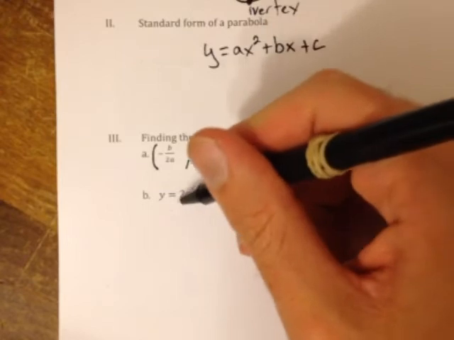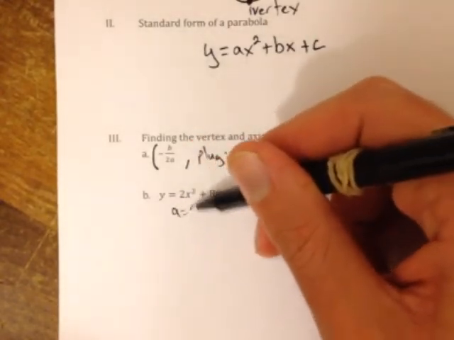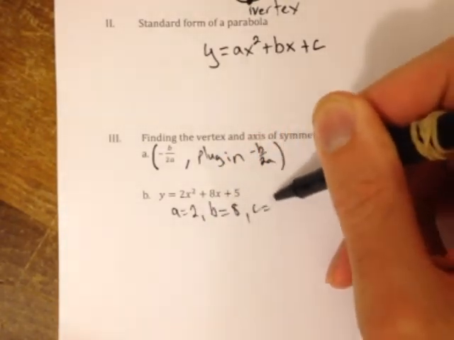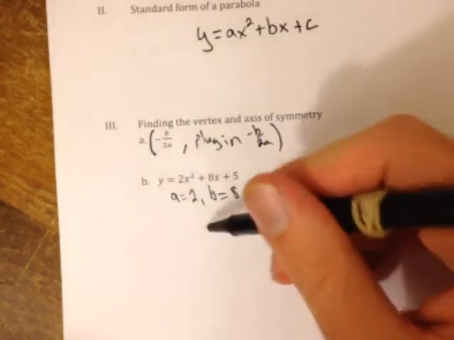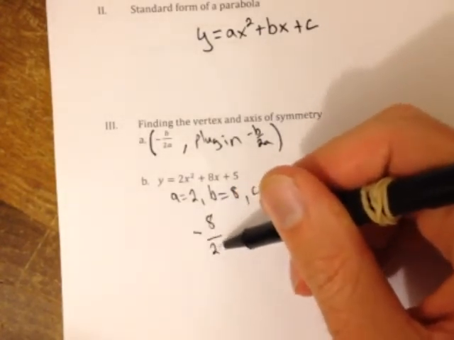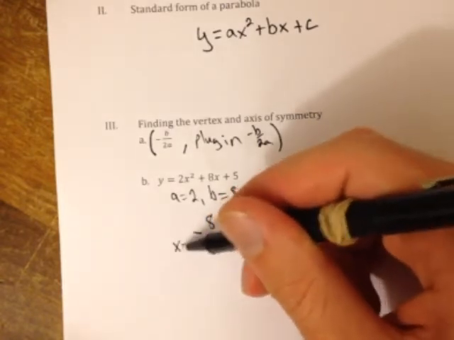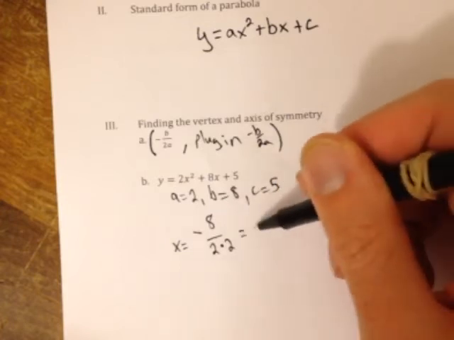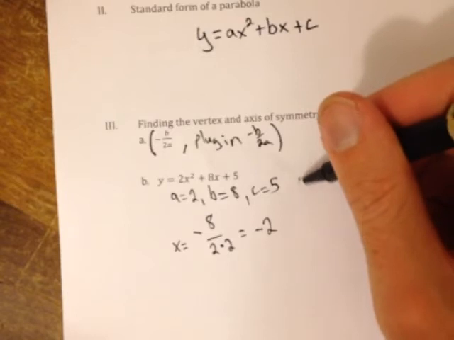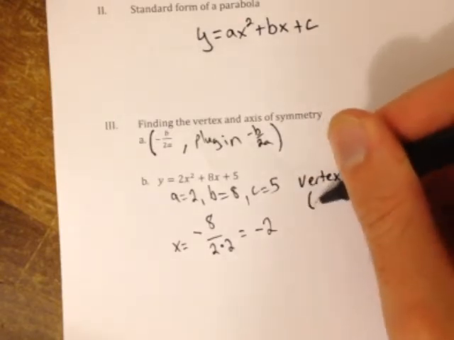So here, just like in the quadratic formula, you label your numbers the same way. My a is 2, my b is 8, and my c is 5. I'm going to find negative b over 2a, so that's negative 8 over 2, and my a is 2. And when I simplify that, I get negative 2. So the x value of my vertex is negative 2.